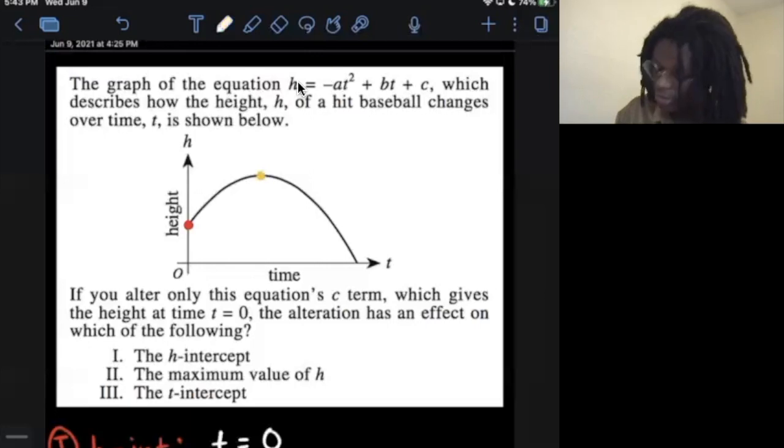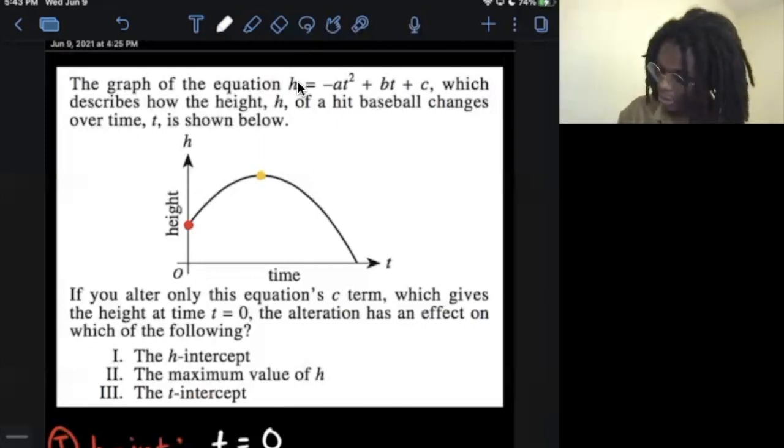And to find that, we're going to have to transform h into its vertex form, which is given as h equals p(t minus q) squared plus r. This r is going to give us the maximum value of h.